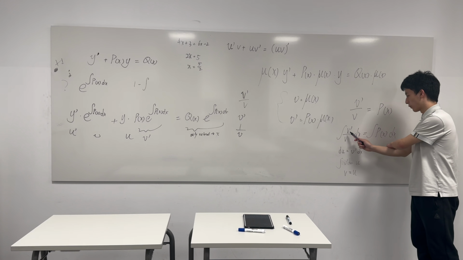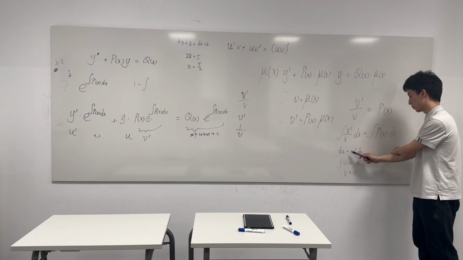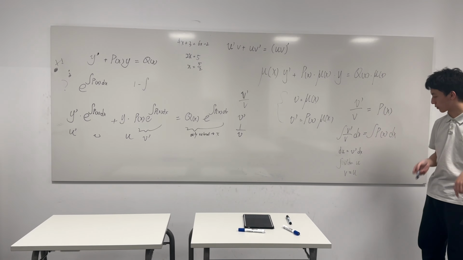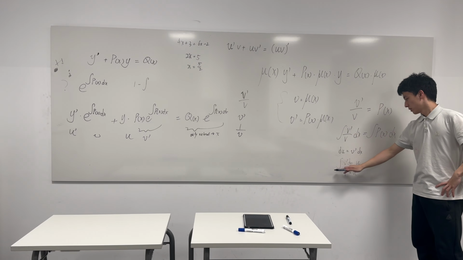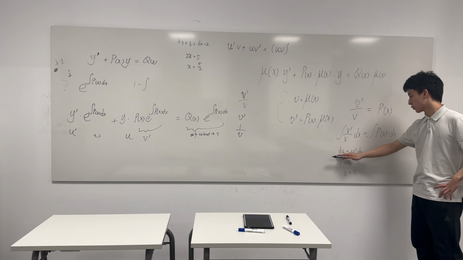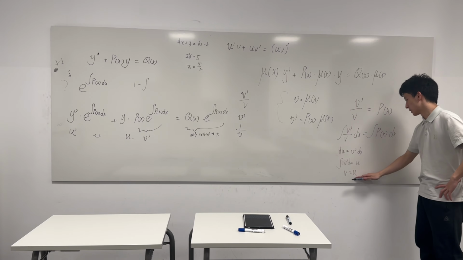There's a v derivative, and we assume du is equal to v derivative dx. Therefore, for both sides we can use the integral. The integral of v derivative is equal to v. The integral of du is u. So v is equal to u.